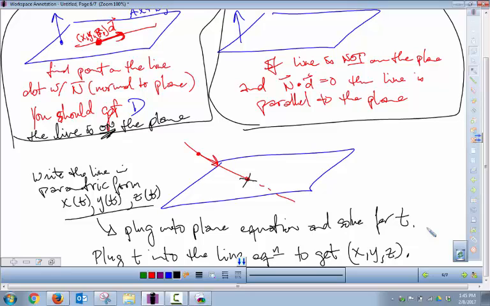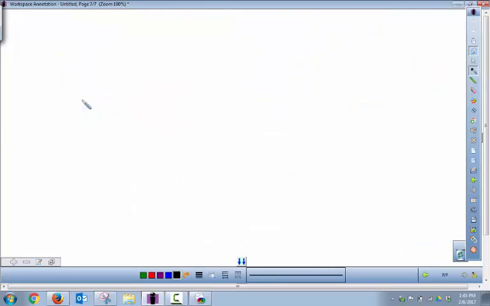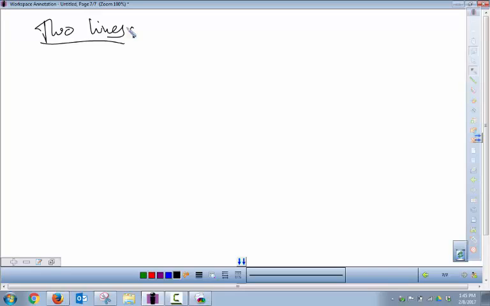So let's talk about 2 lines real quick. So when you have a couple of pencils and you throw them up in space and then they freeze in space, what are the possibilities that could happen? They can intersect, and if they intersect, they would intersect at one point.